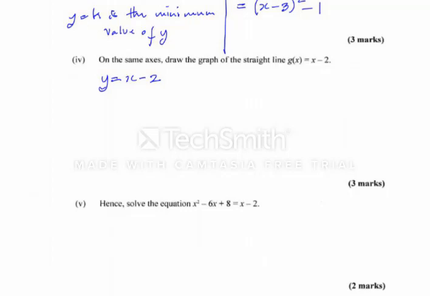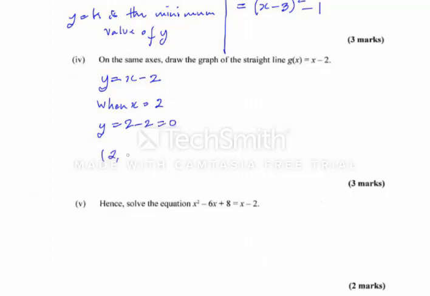So I'm just going to select two arbitrary values of x. Remember the range of values of x I have are between 0 and 6. When x is equal to 2, I'm going to get y is equal to 2 minus 2, which is 0.